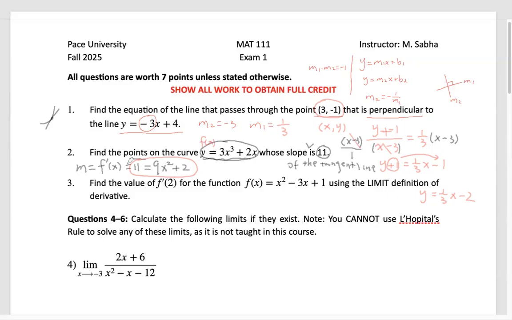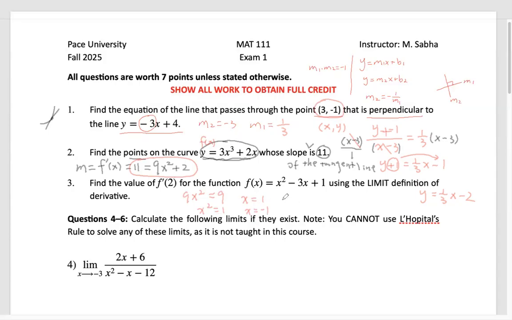We take the derivative of this function, and we were told the slope of the tangent line is 11, so we equate those two. Simplifying this equation, we get 9x squared equals 9, after subtracting 2 on both sides. So x squared equals 1. Taking the square root, we get positive 1 and negative 1, two values, because negative 1 squared is also positive 1.